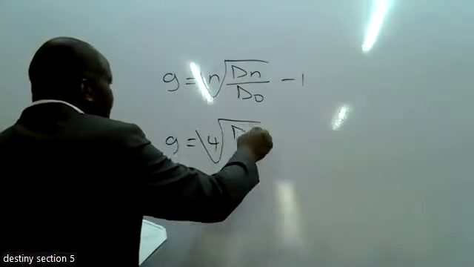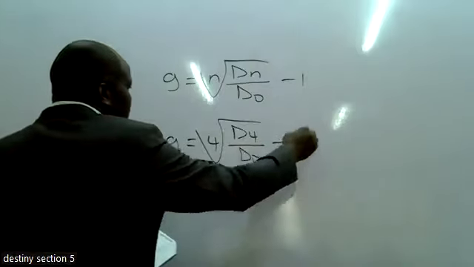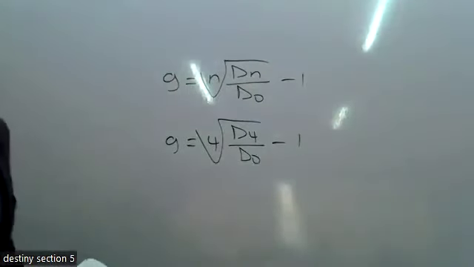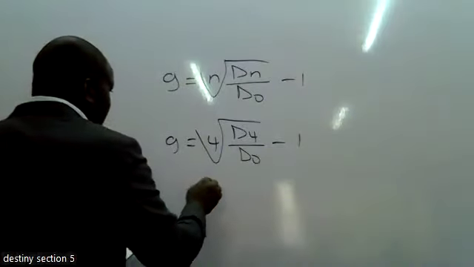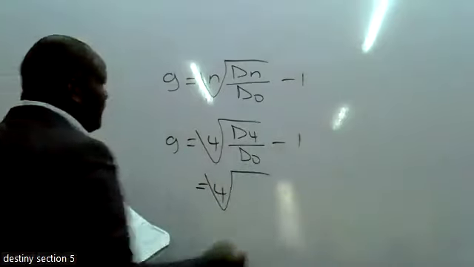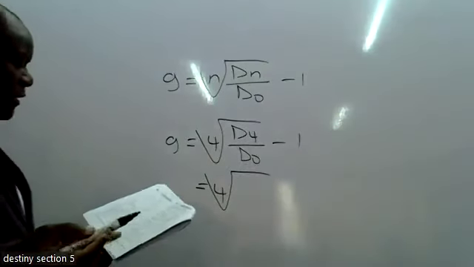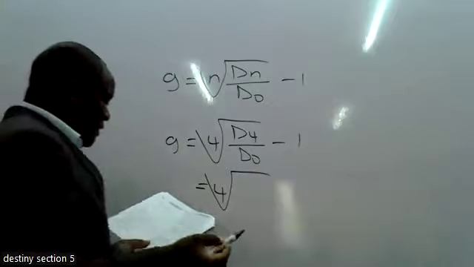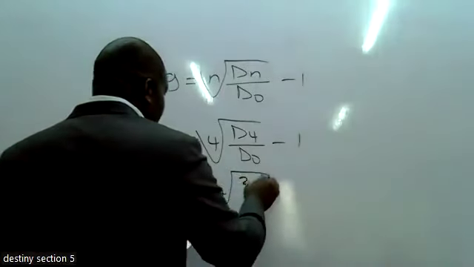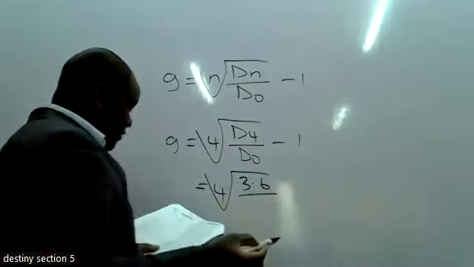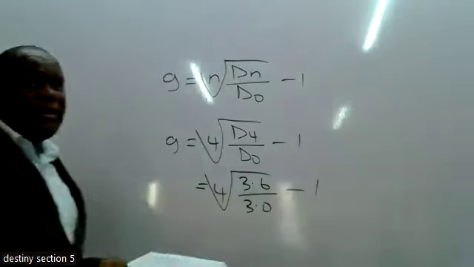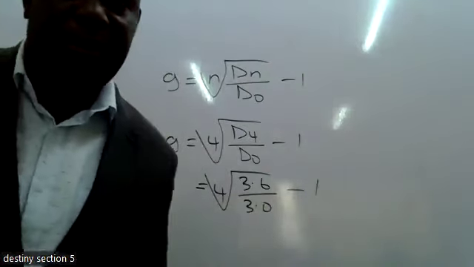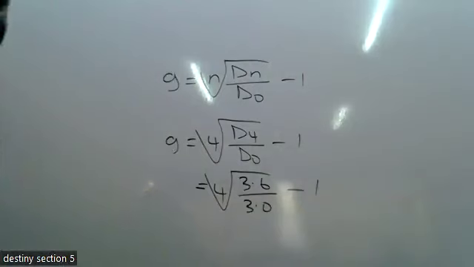That will be D4 divided by D0, minus 1. Our D4 is the dividend in the year 2020. Are you able to see the year 2020? It is 3.6. Then 2016 is 3. So get that constant growth rate.